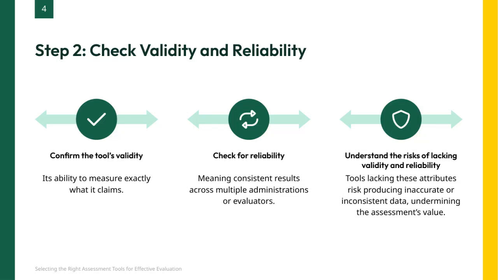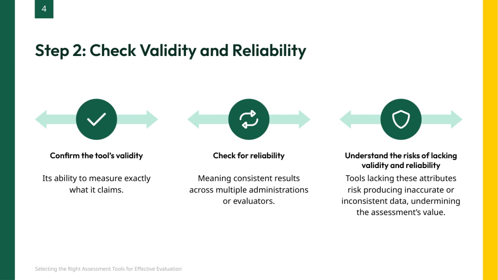Now that we've selected our tool, the next step is to check its validity and reliability. Validity refers to the tool's ability to measure exactly what it claims to measure. This is crucial because if the tool isn't valid, the data we collect won't accurately reflect the concept we're trying to assess. Next, we look at reliability, which means a tool produces consistent results each time it's used, whether across different administrations or different evaluators.